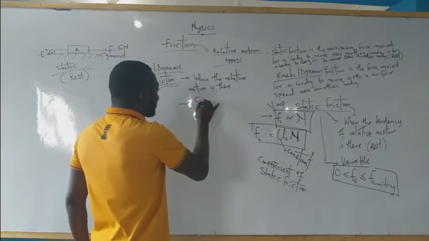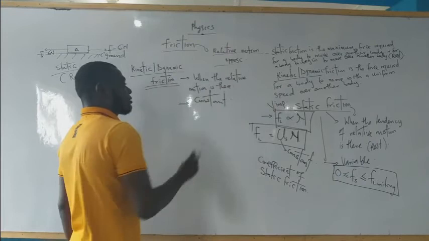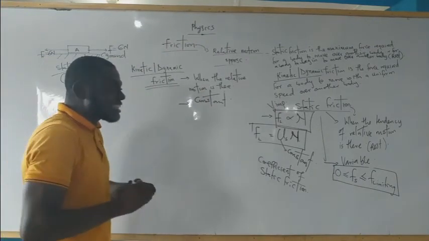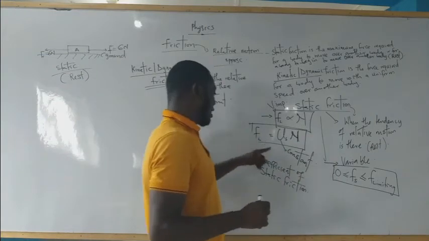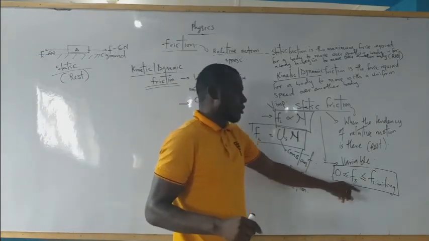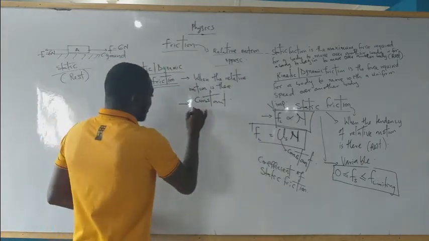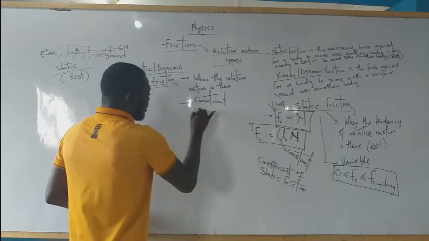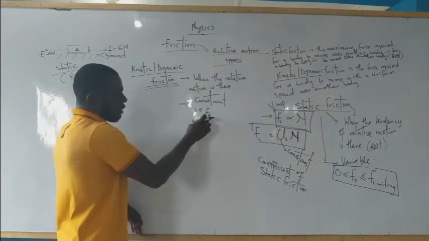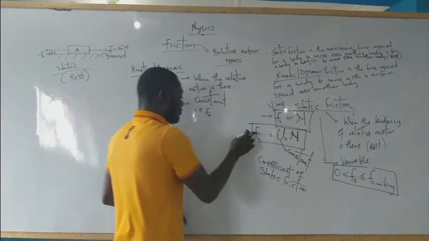Secondly, it is constant, unlike static friction, where FL is not constant. It varies. That is FK, kinetic friction. This is limiting friction.